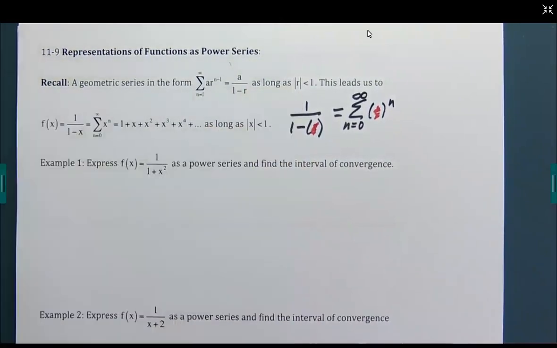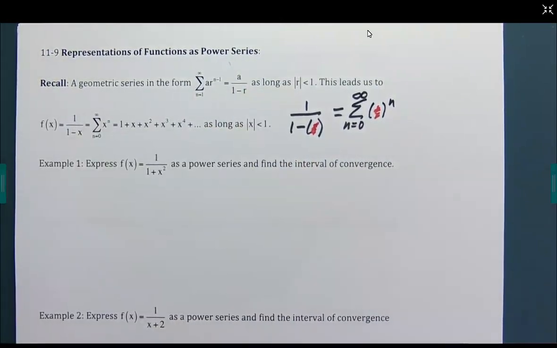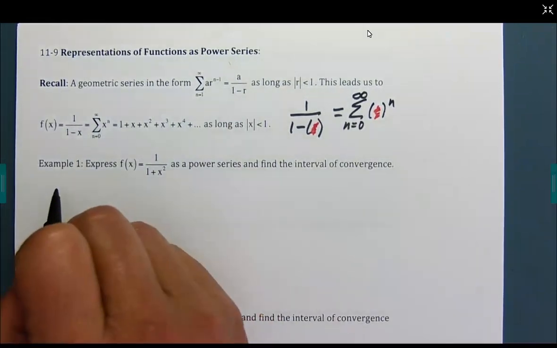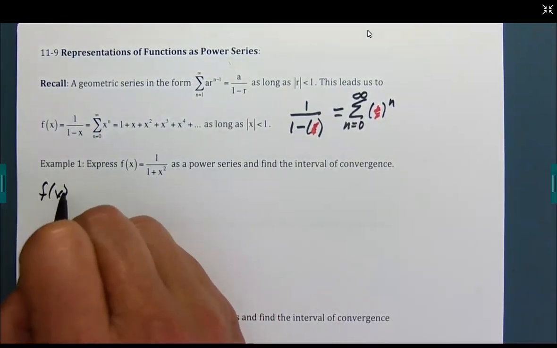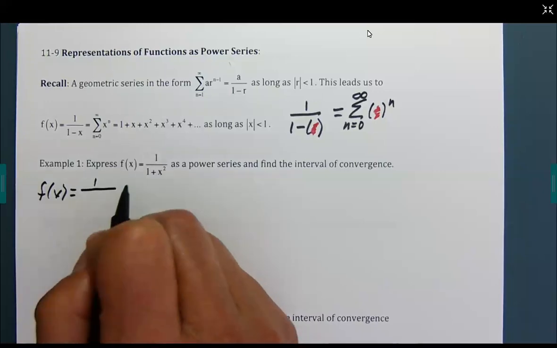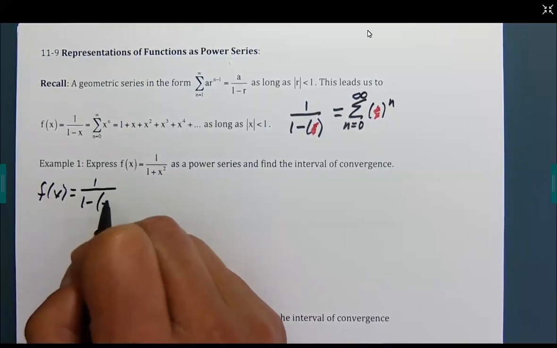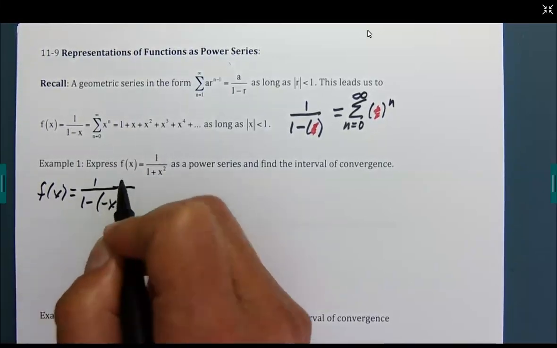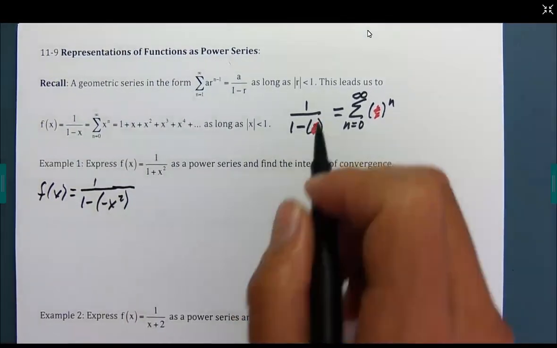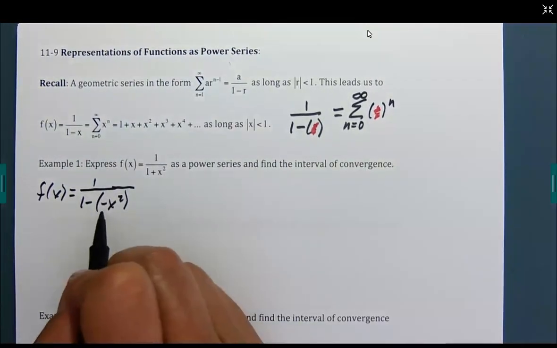If we have other stuff in the numerator, which we will in a few minutes, we'll find ways of handling that as well. So let's take our first one, our f of x, and I'm going to rewrite it as 1 minus -x squared. The reason I'm doing that, again, is we have to have that minus as a part of that. So here is our red blob now.